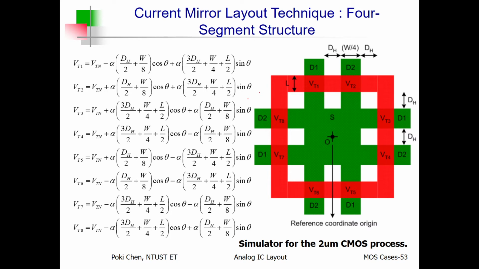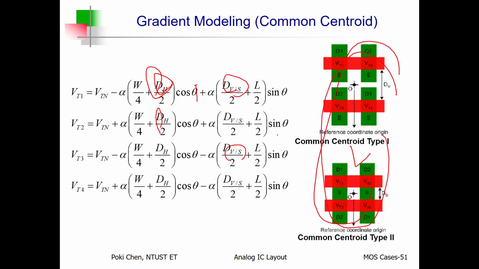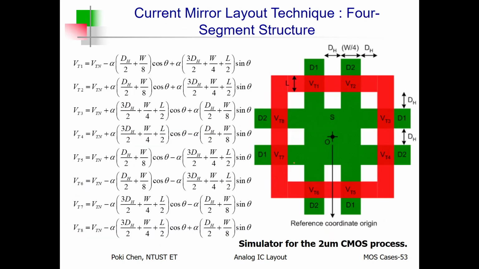How to enhance the symmetry? Professor Geiger and his student created some kind of innovative but also crazy idea. You can see, compared with the original one, this or that, the symmetry is doubled. Why?